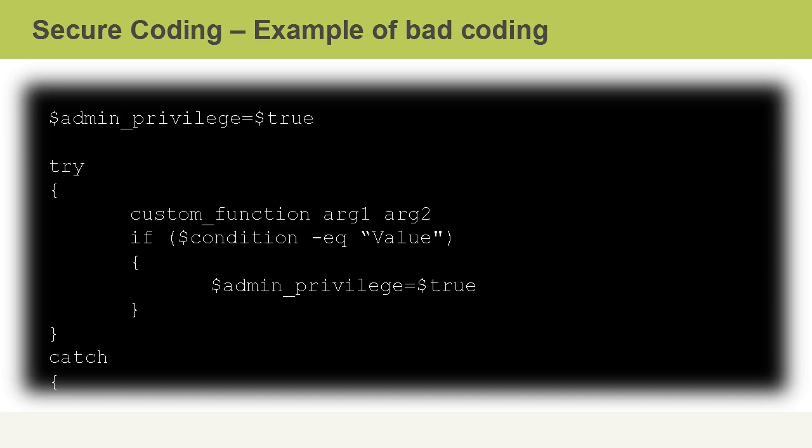Now, the problem with the coding here is that the admin privileges variable outside of the try catch error structure is setting the admin privilege to true. So we don't want to give privileges unless certain, very specific conditions are met in a proper fashion. This type of obvious error would more likely than not be quickly picked up with another set of eyes through peer review. In this video, we discussed secure coding.